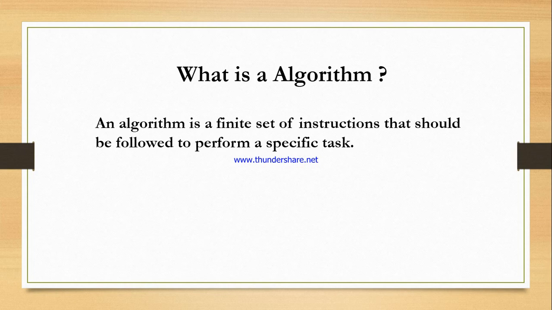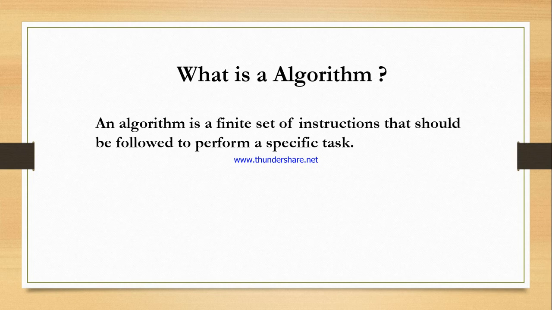So an algorithm is a finite set of instructions that should be followed to perform a specific task. If you want to perform a specific task, first of all, whatever steps you are jotting down, that is known as algorithm. Before typing any program, we always write the steps: how to start a program, how to process it and how to find the result.